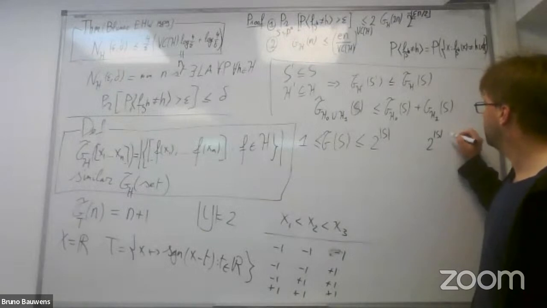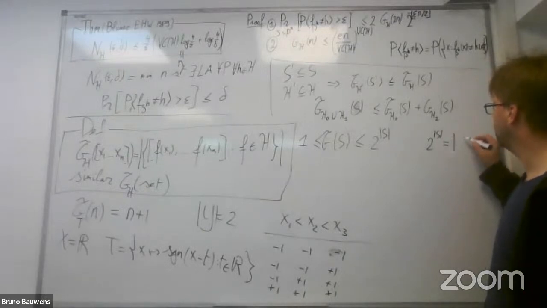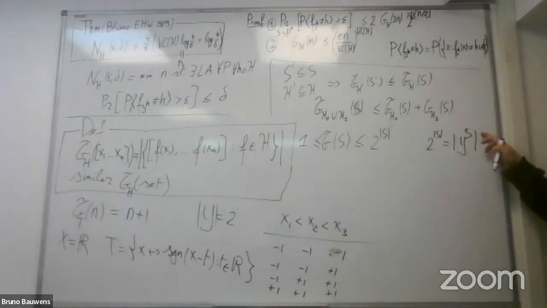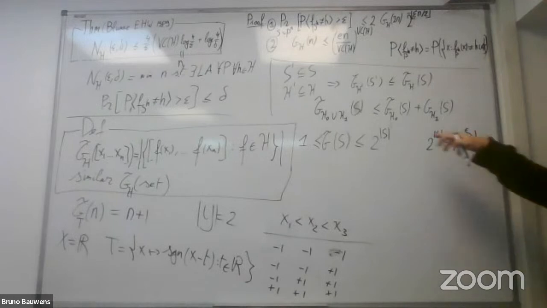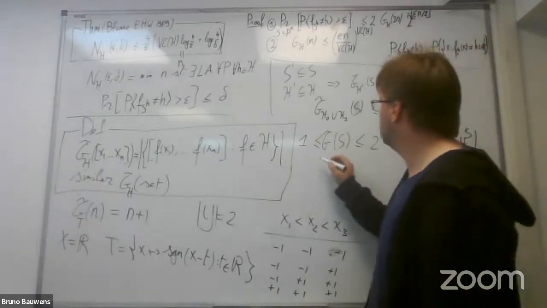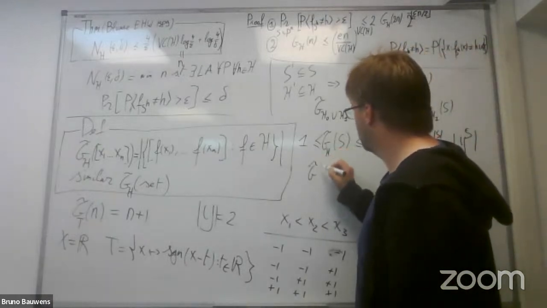Yeah, 2 to the power S is equal to the cardinality of the set of possible functions from S to Y, since Y has 2 elements. Okay.